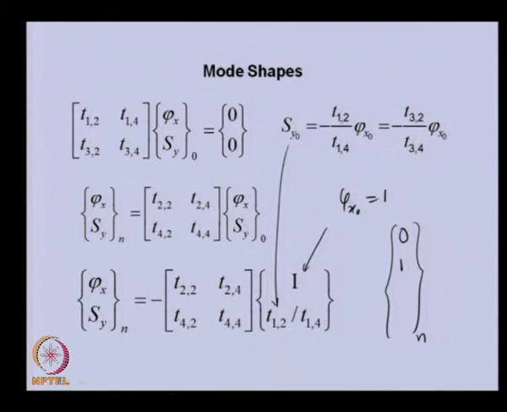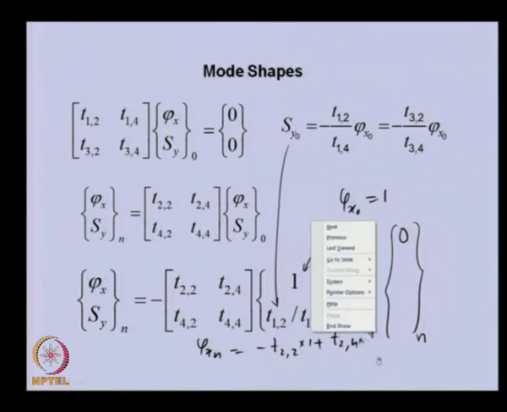So, phi that will be given as phi x n is equal to minus t 2 comma t into 1, this one, plus t 2 comma 4 into t 1 2 by t 1 4, this term.